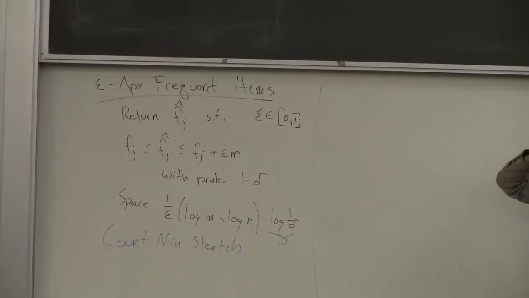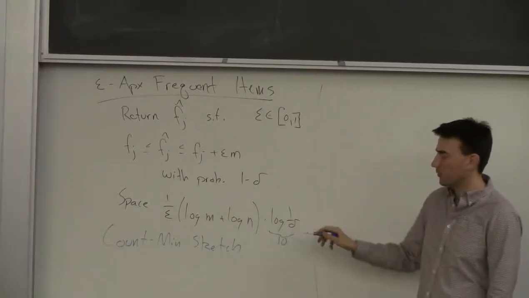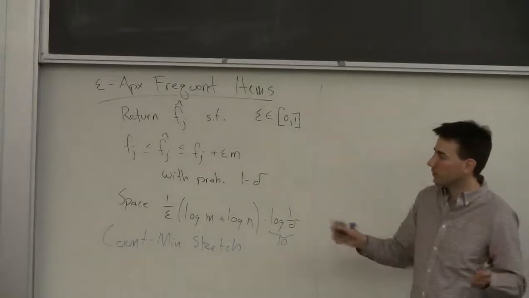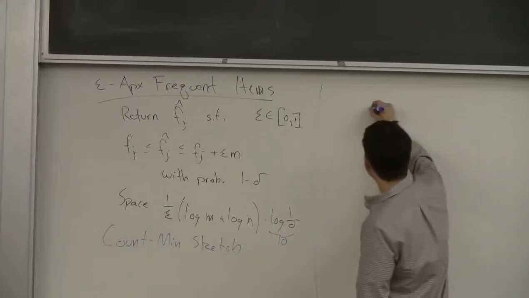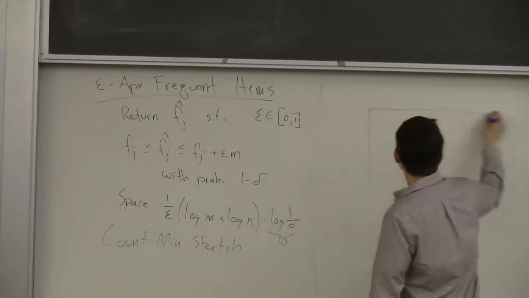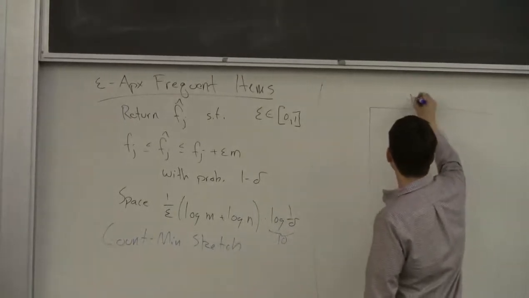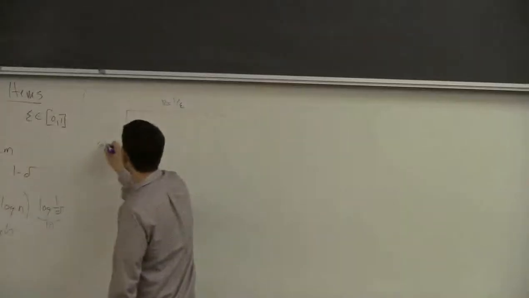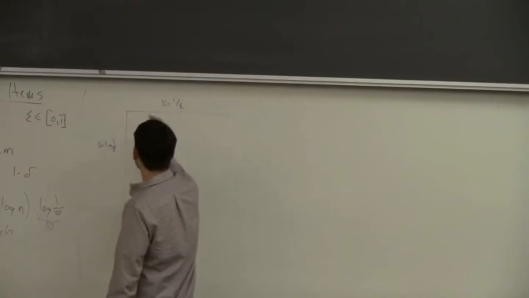Basically what I'm going to do is keep 1 over epsilon times log 1 over delta counters. Instead of just storing them in an array, I'm going to store them in a table. So I'm going to set k equal to 1 over epsilon, and we're going to set s equal to log 1 over delta.